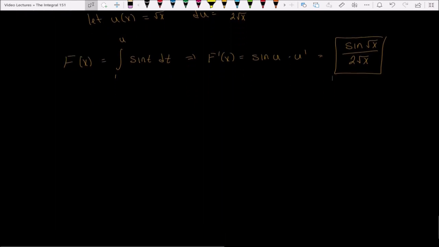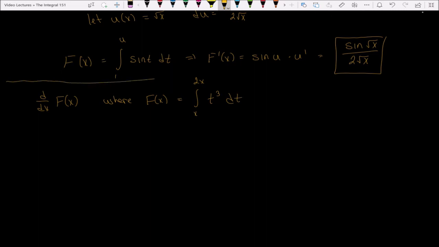Looking at another application of part 1, we're going to do the same thing, d dx of f of x, where f of x is equal to the integral from x to 2x of t cubed dt.